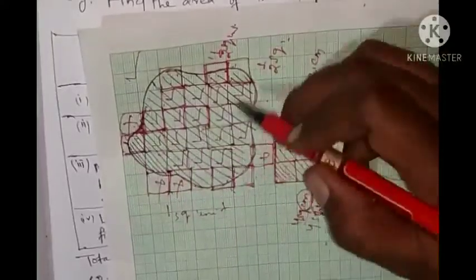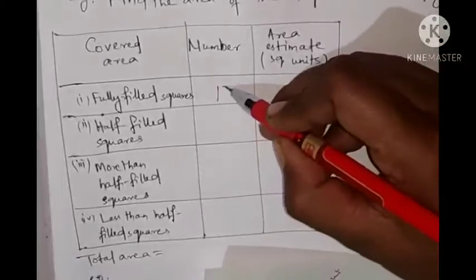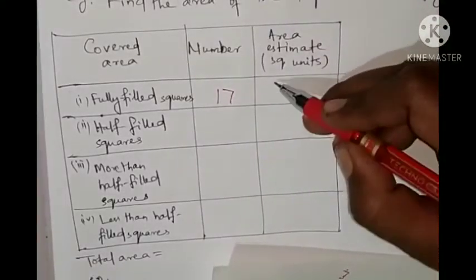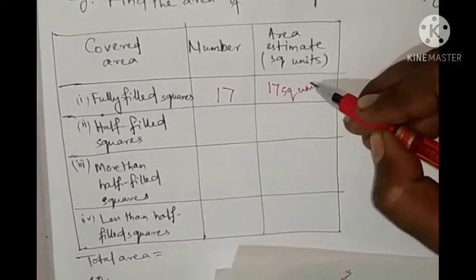Okay, then this much only, 17 fully filled squares. So how much number will you write? 17. Area estimate in square unit, 17 square unit.